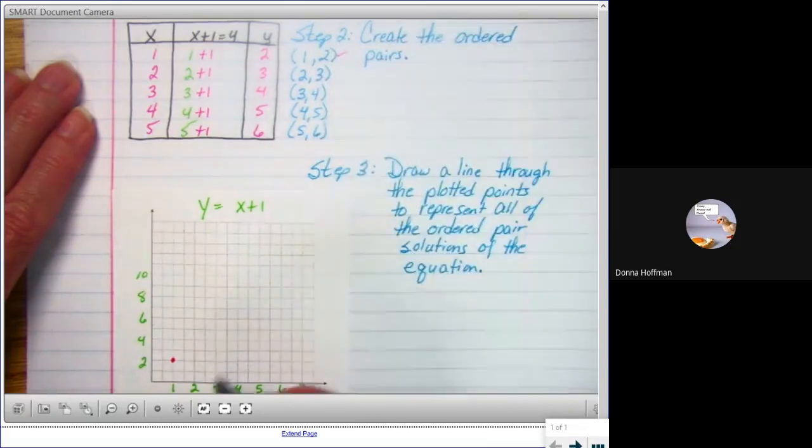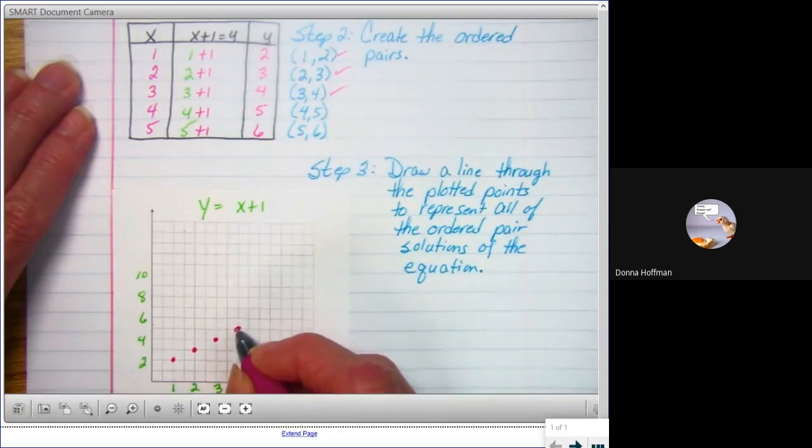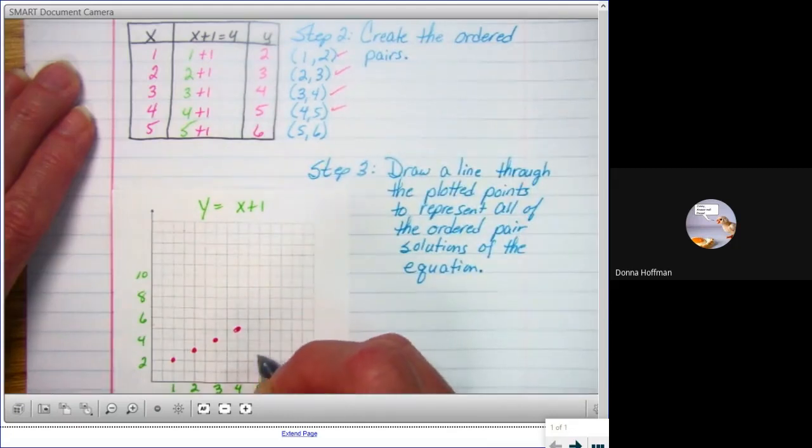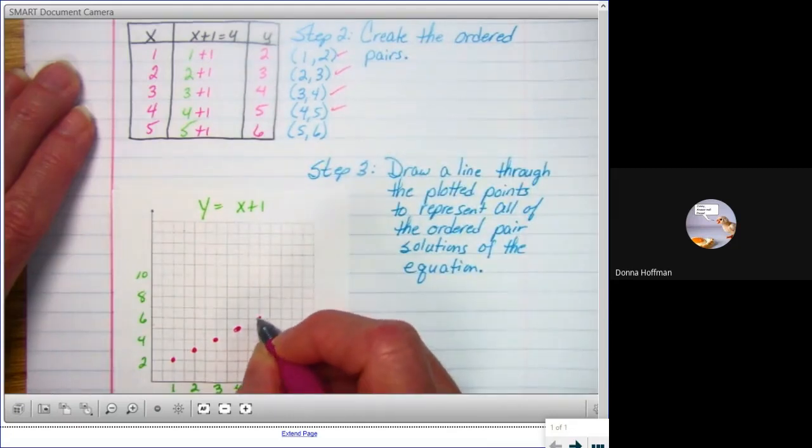That one's graphed. 2, 1, 2, 3. Now 3, 4. There's my 3. 1, 2, 3, 4. And 4, 5. 4, 1, 2, 3, 4, 5. Oops, that's too big of a circle. Oh well. 5, 6. 1, 2, 3, 4, 5, 6.